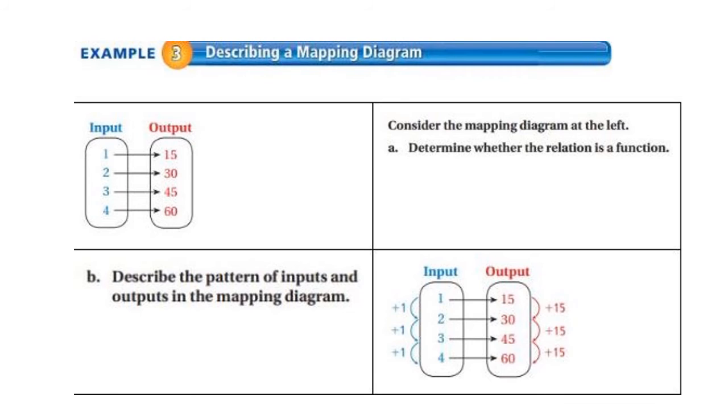And now we test what we just learned about trying to decide if the mapping diagram is a function. What I'd like to do is have you remember that we are focusing on the inputs. For the inputs, we're making sure that each input only has one line coming off of it. So I'm going to say one line with a question mark.